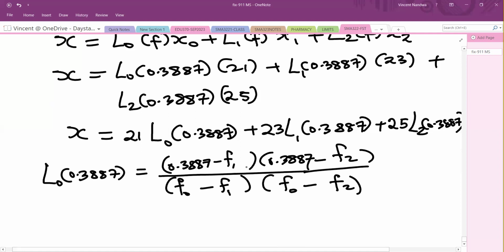Then you can always replace those values into the formula and get the numerical value of L naught of 0.3887.